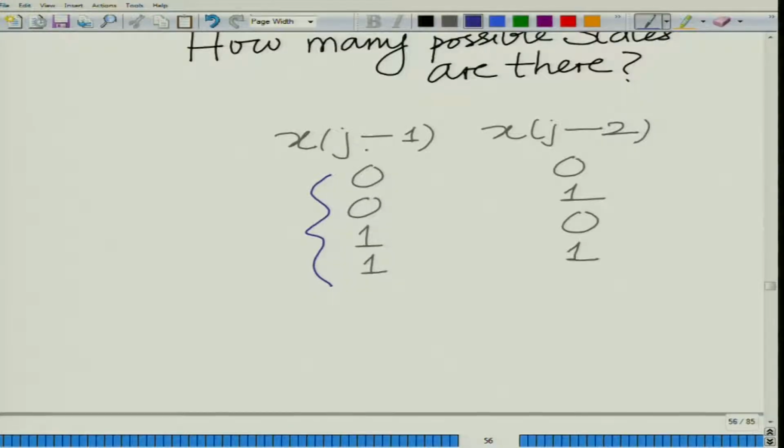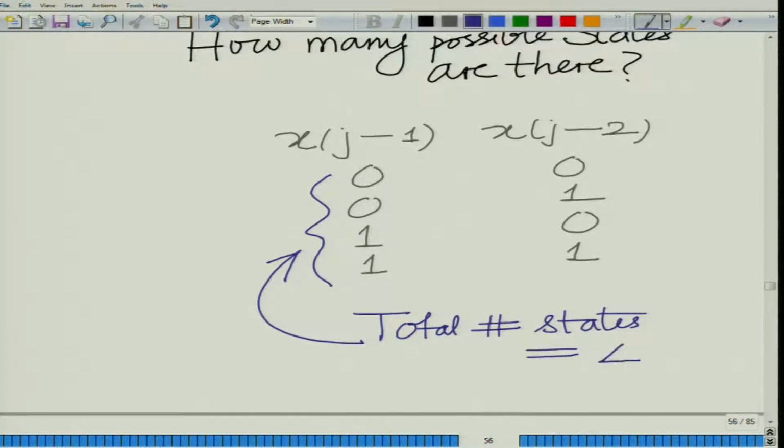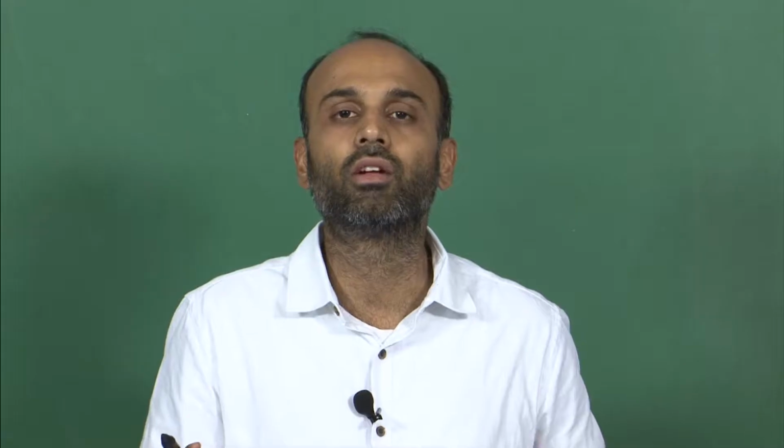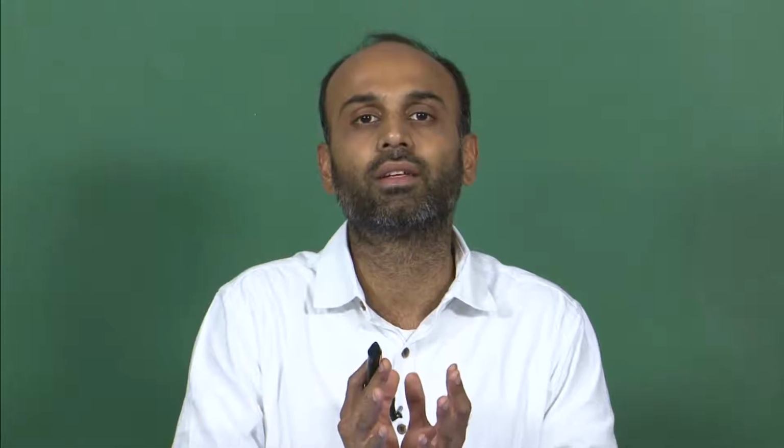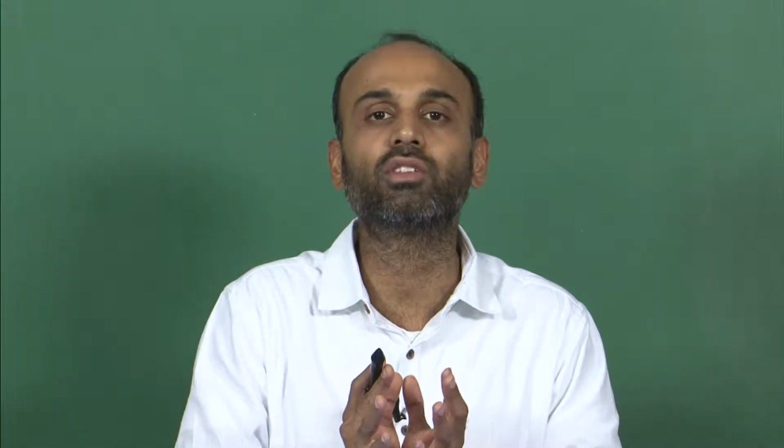The total number of possibilities is 2 to the power of 2, that is equal to 4, and therefore the total number of states of this convolutional encoder is 4, where each state comprises a particular value for the past information bits xj minus 1, xj minus 2.